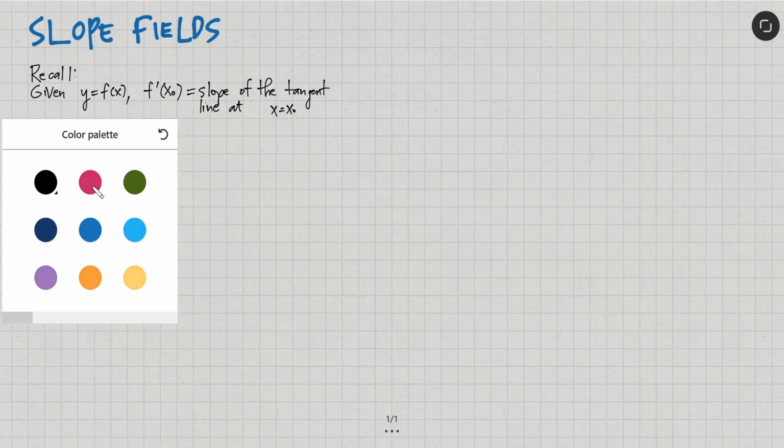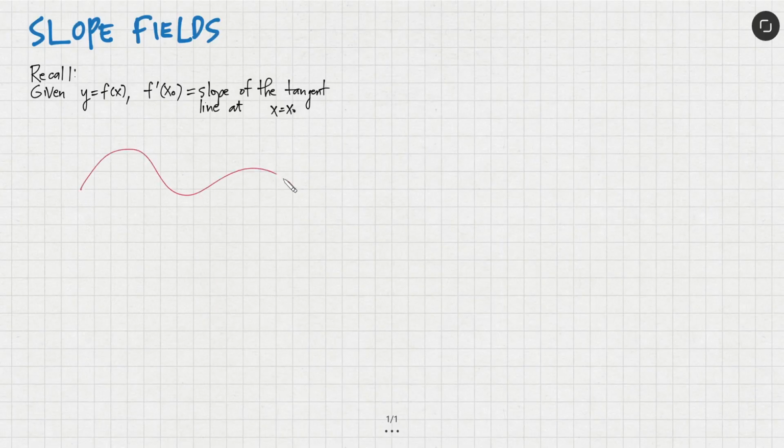So halimbawa ito yung curve ko given by this red figure, and then let me draw the x-axis. Di ko na i-drawing yung y-axis because we just need the x-axis for this particular illustration.